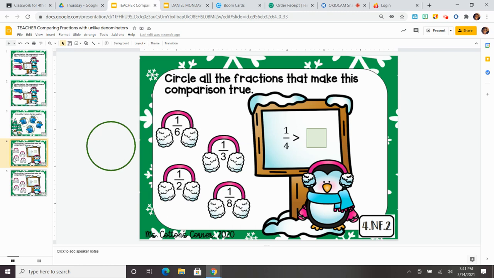So we're comparing 1/4 to 1/6 first. So you have 1/4 is greater than, you have 1/6, 1/3, 1/2, and 1/8.